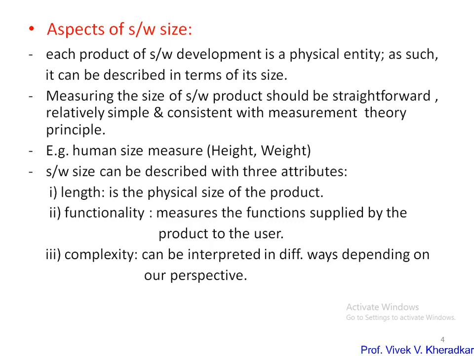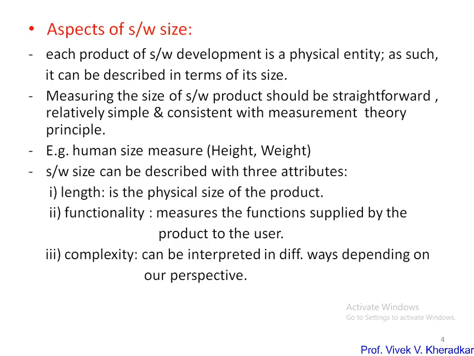Basically, software size can be described by three attributes: first length, second functionality, and third complexity. Length is the physical size of the product, functionality is the functionality supplied by the product to the user, and complexity can be interpreted in different ways depending on the perspective from which we measure it. These are the three attributes by which we can measure software size.